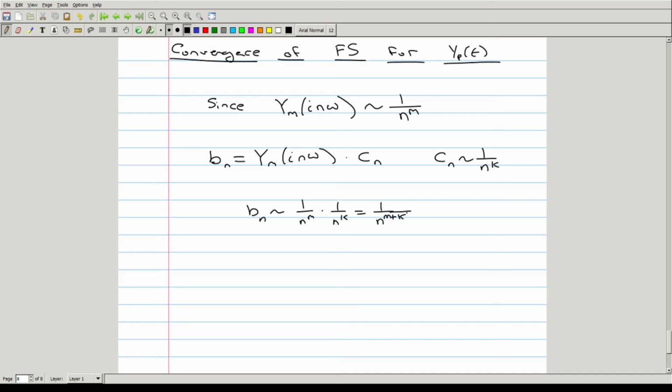So this Fourier series is actually going to converge faster than the input, which is very, very neat.